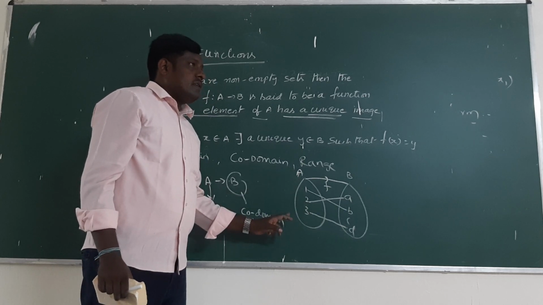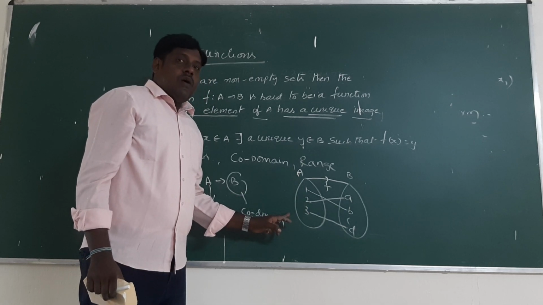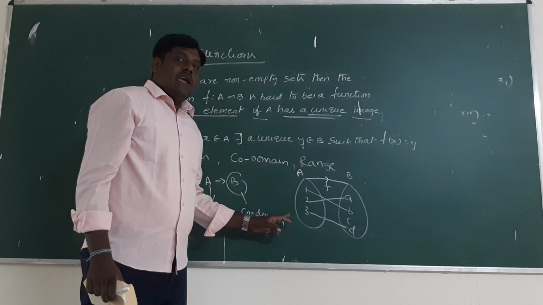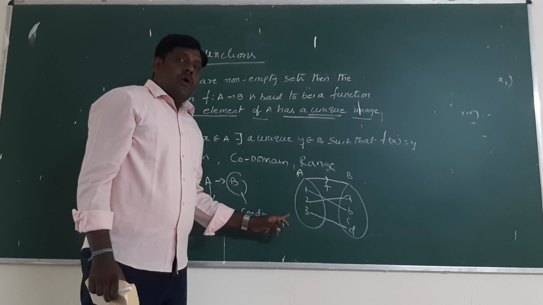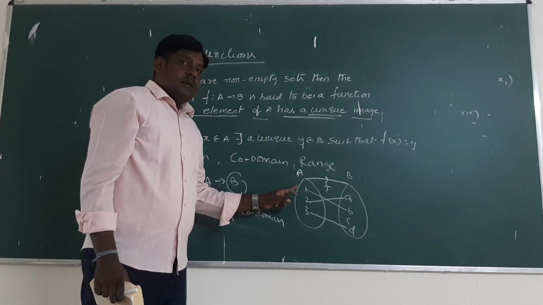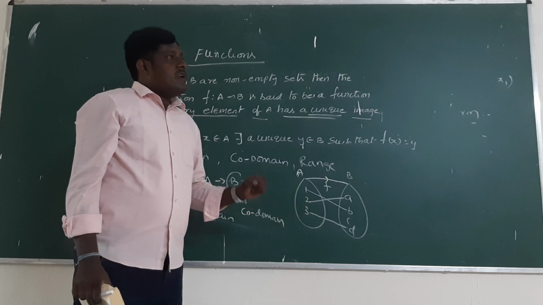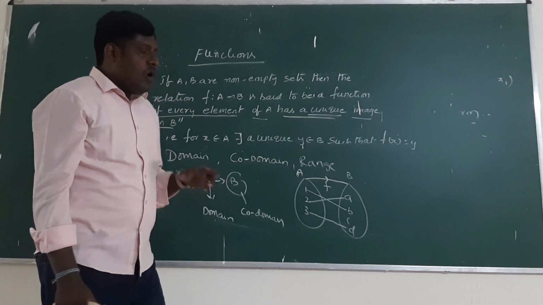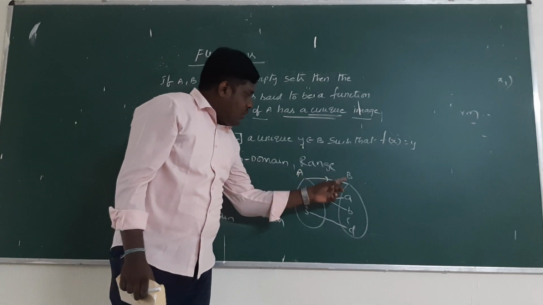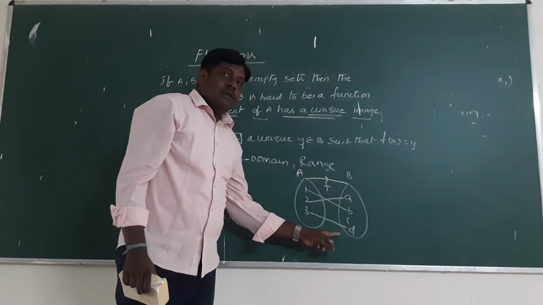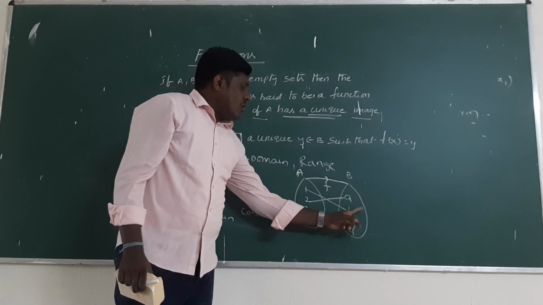Set of all elements in set A is called the domain. Codomain is nothing but set B. Which elements are there in the codomain? a, b, c, d. These all are the codomain.